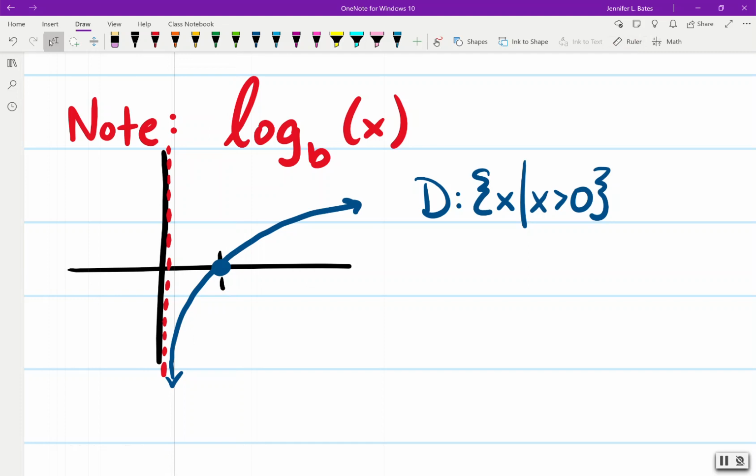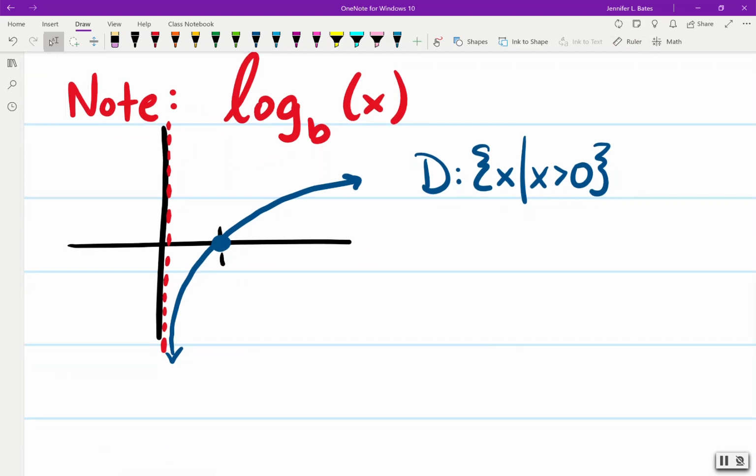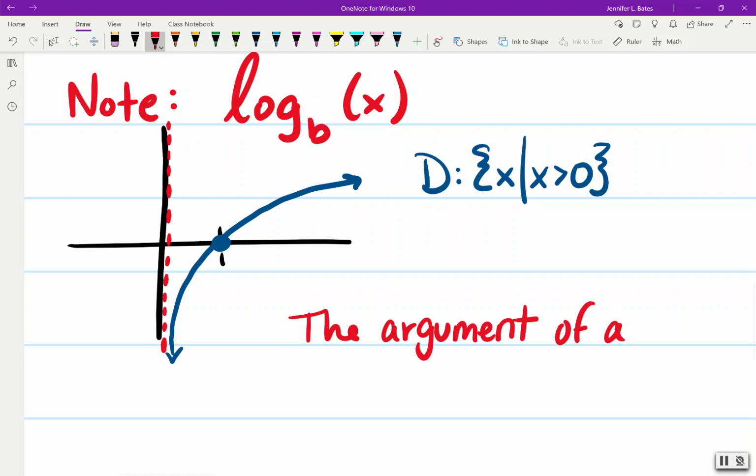What that means is that the argument, or the piece in parentheses, okay, let's write this out. The argument of a log must be greater than 0.